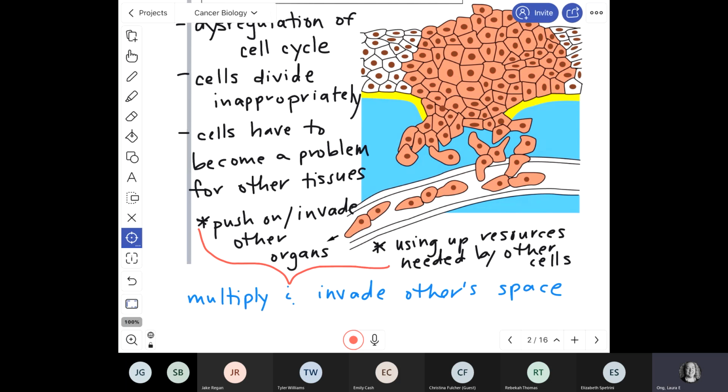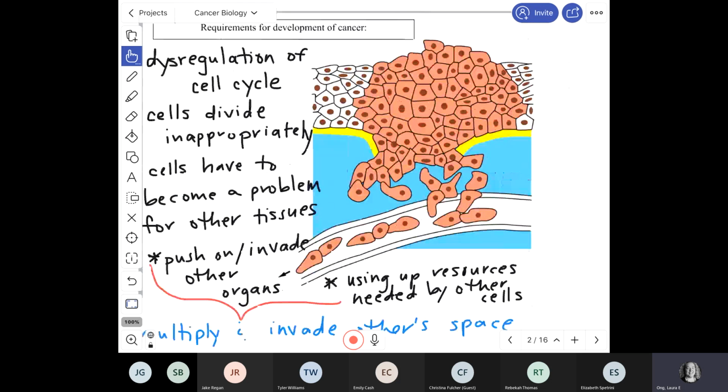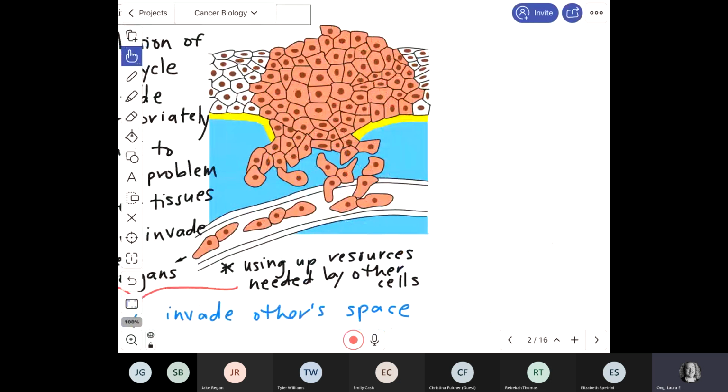And then in general, the more cancer cells that you have all in various locations together, they are going to use up resources the other cells need. So the other couple of definitions that I want to get in here have to do with these words benign or malignant.